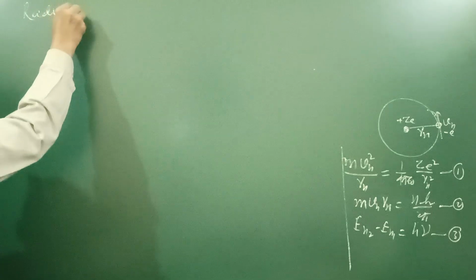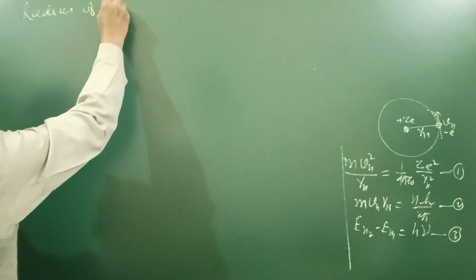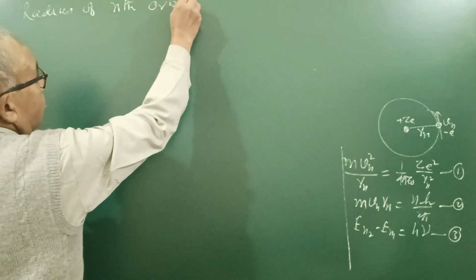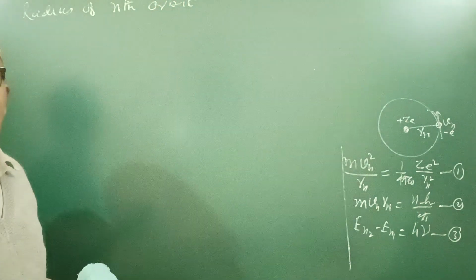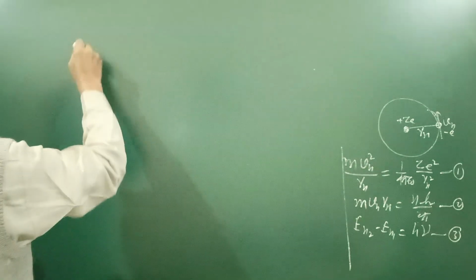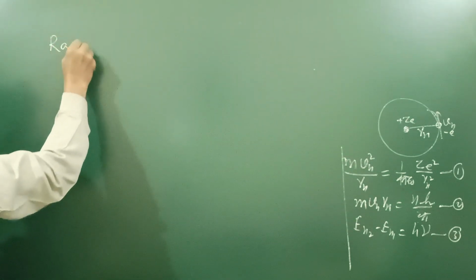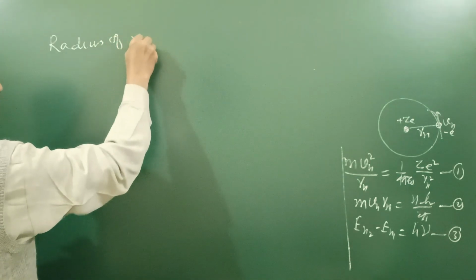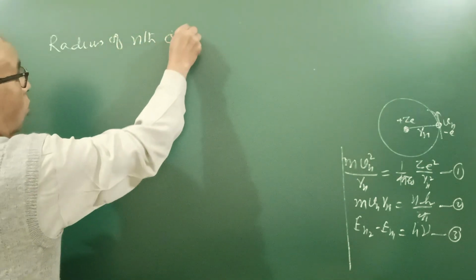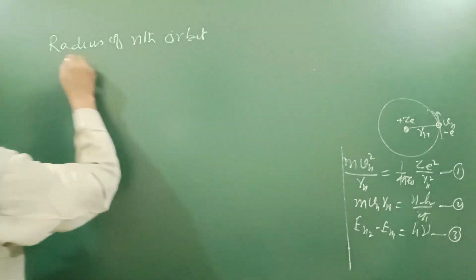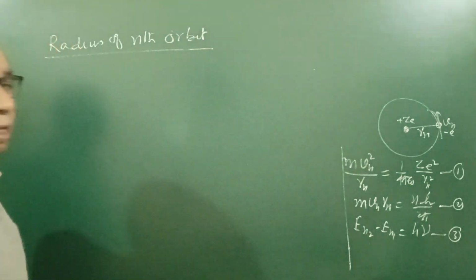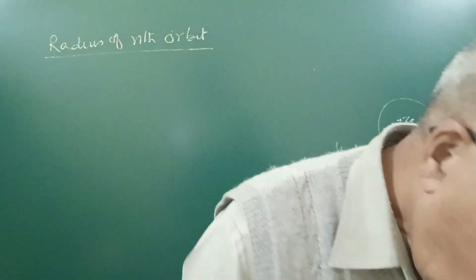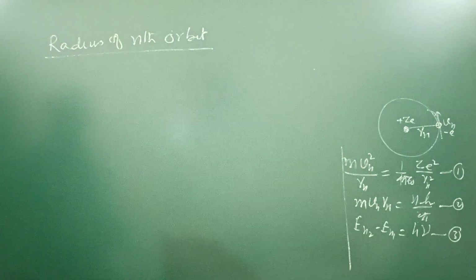Radius of the nth orbit. Actually, we are going to derive it using the Bohr theory of the atom.